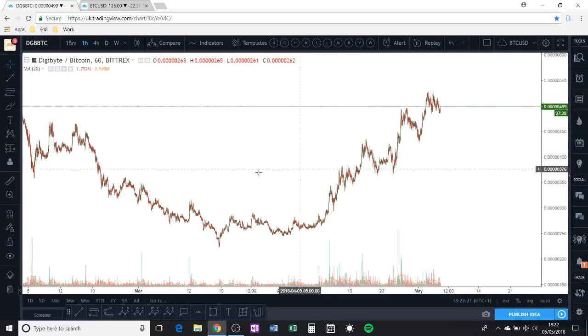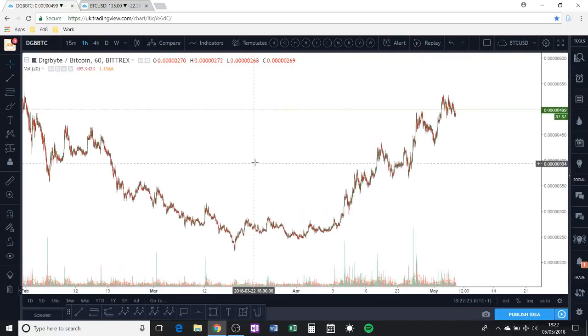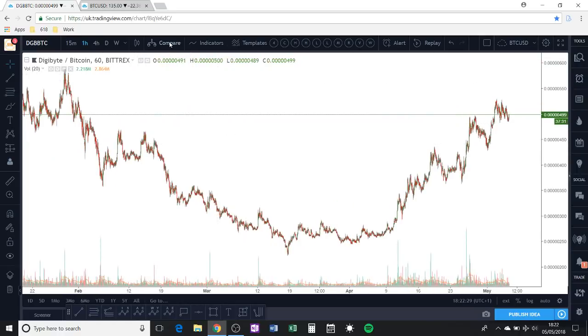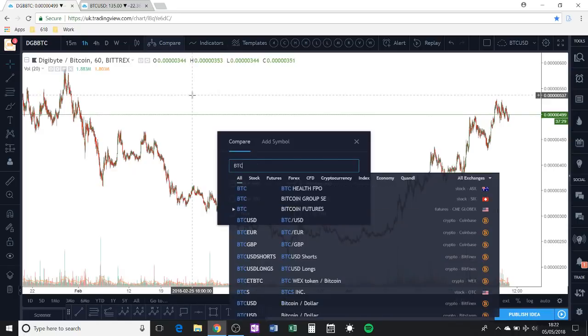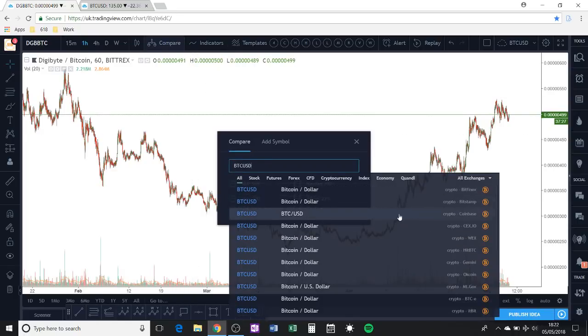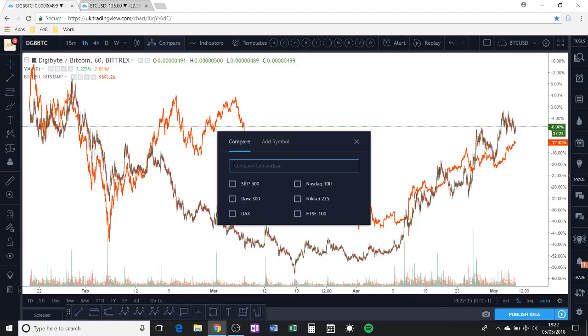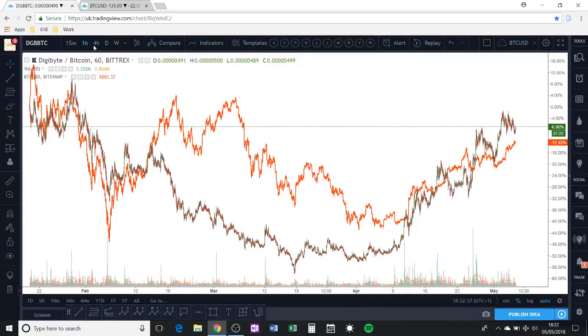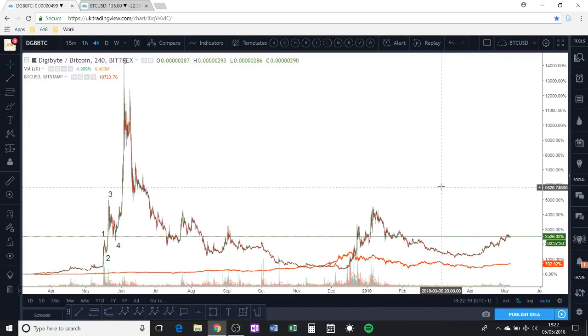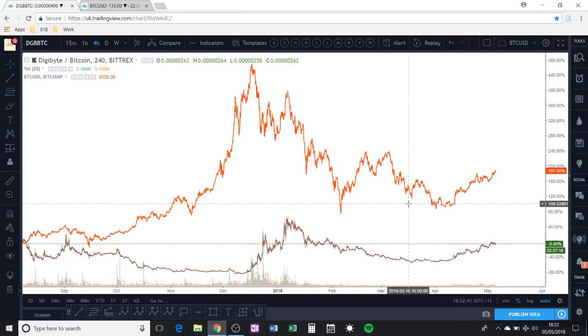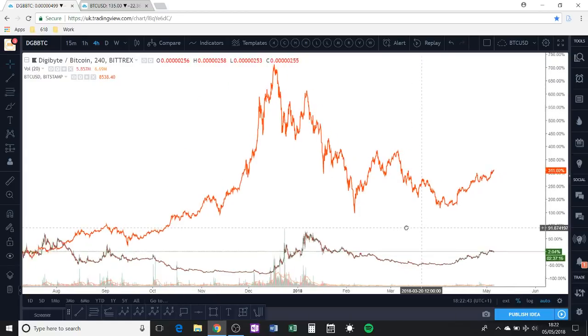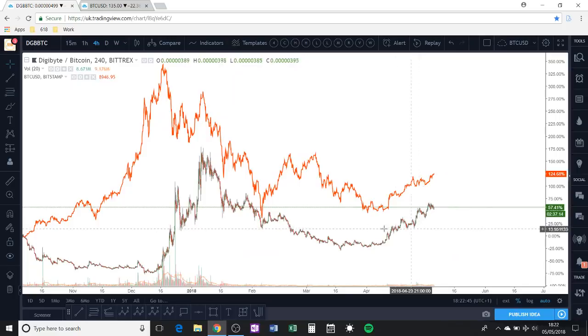If we just have a look at the correlation between Bitcoin and Digibyte, so if we compare BTC USD and pull up this chart and just go on the 4-hourly again, you can actually see there is a positive correlation between the two coins.